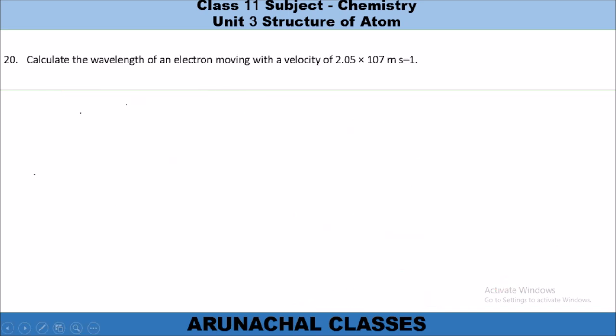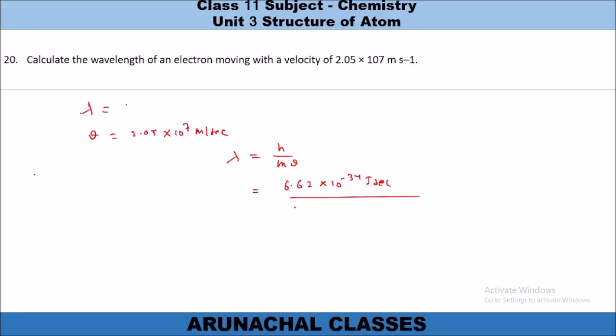Moving to question number 20. In question number 20, it is to calculate the wavelength of the electron moving with a velocity of 2.05 multiplied with 10 power 7 meter per second. So we know the de Broglie equation, that is lambda is equal to h upon mv. Here h is Planck constant 6.62 into 10 power minus 34 joule second, divided by the mass of electron, which is known, 9.10 multiplied with 10 power minus 31 kg.